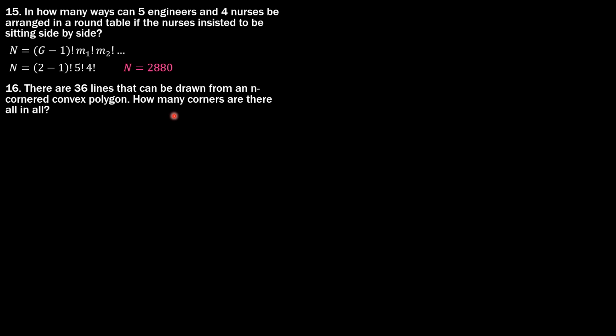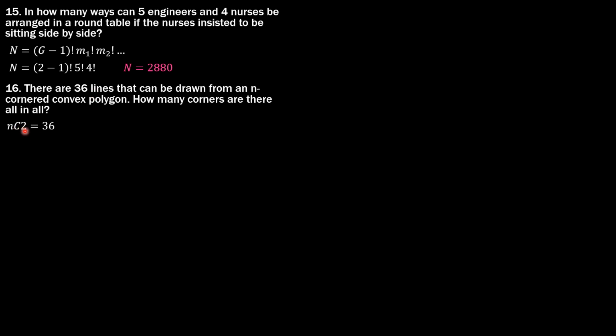If we draw a line from point 2 to point 1, right? The same line is drawn. So therefore, this is a problem on combinations. And the formula is n combination 2, because 2 points determine a line, equals 36.